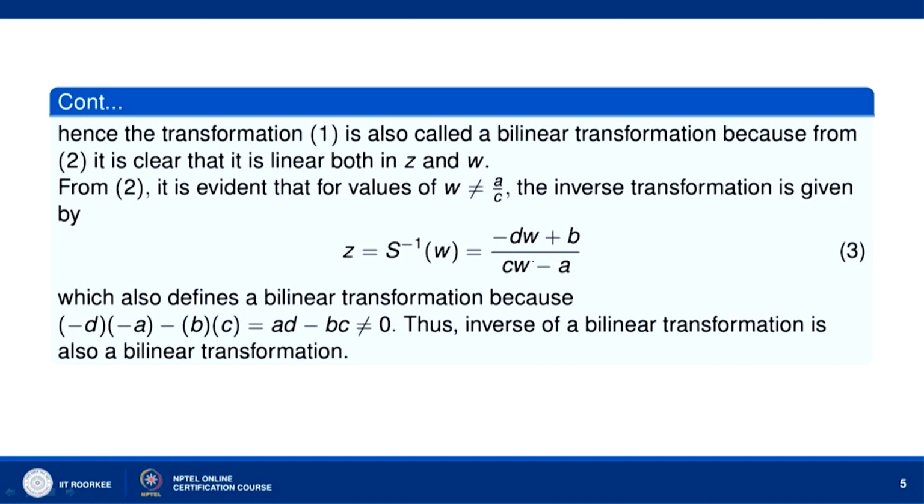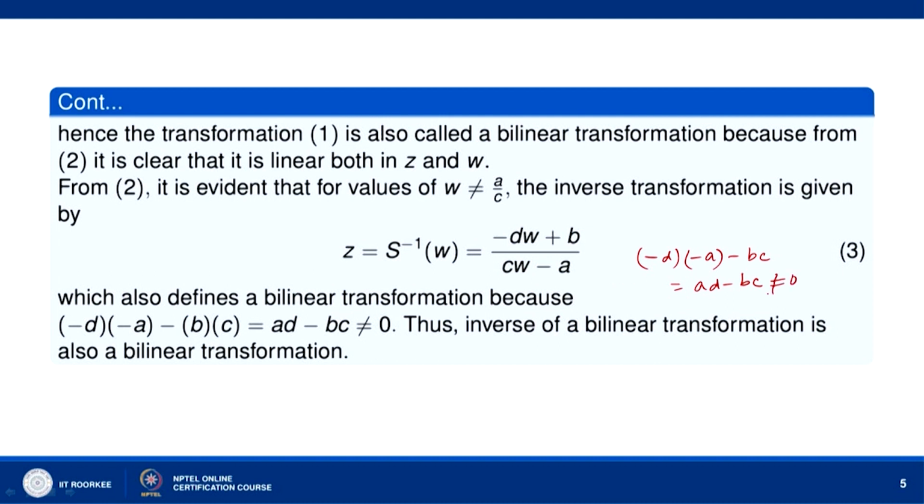Now, if you take the coefficients, minus d into minus a minus b into c, this is equal to ad minus bc, and ad minus bc we have assumed to be non-zero.